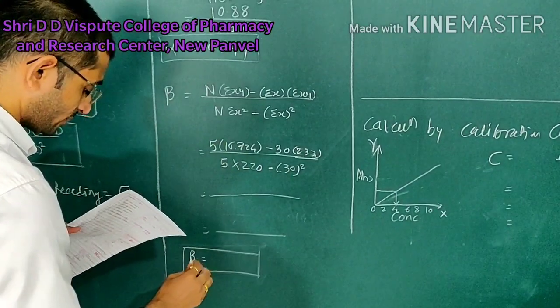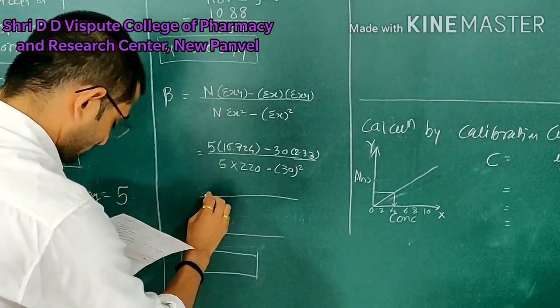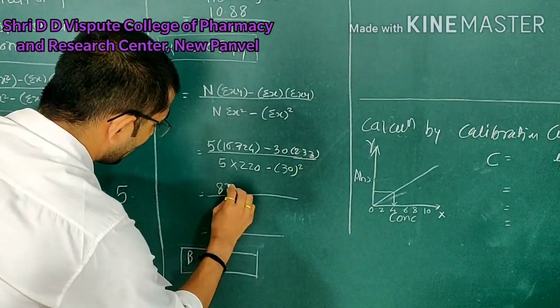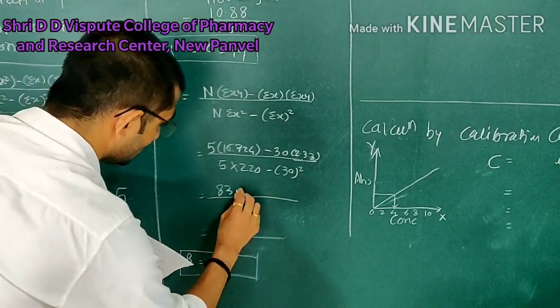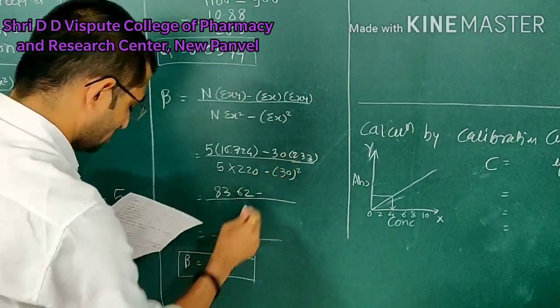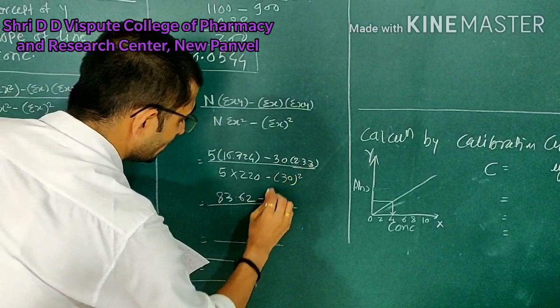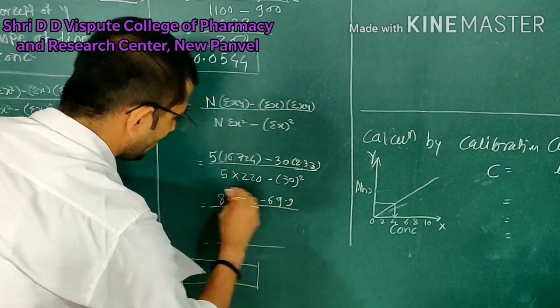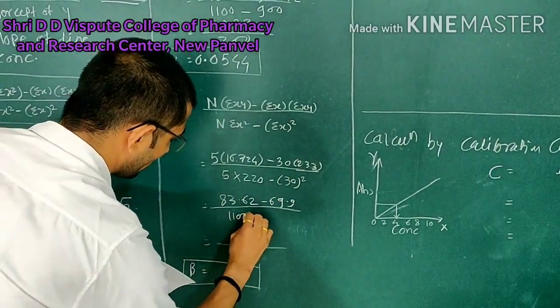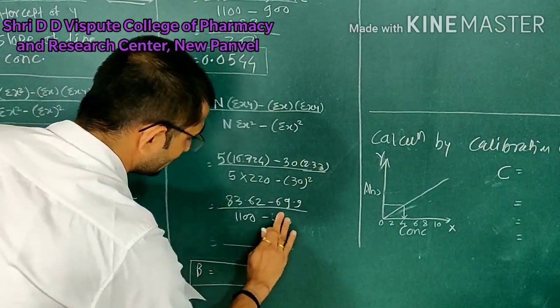Put the value, first multiply. So 83.62 minus 69.9, upon 1100 minus 900.